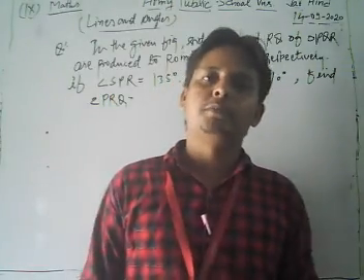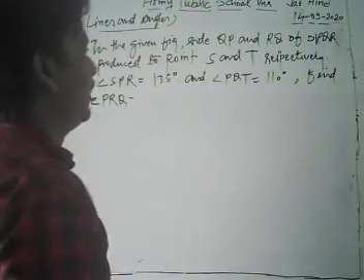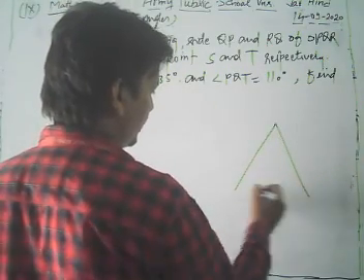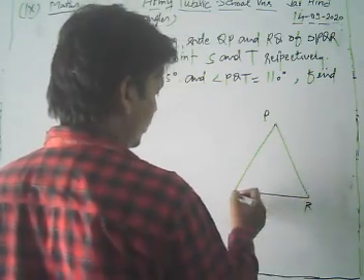This is also a very important question of your NCERT exercise. Let's see the question. Here, dear student, a figure is given. First of all we draw the triangle PQR. Suppose this is your triangle PQR.